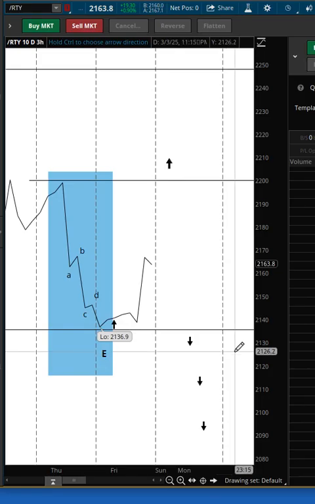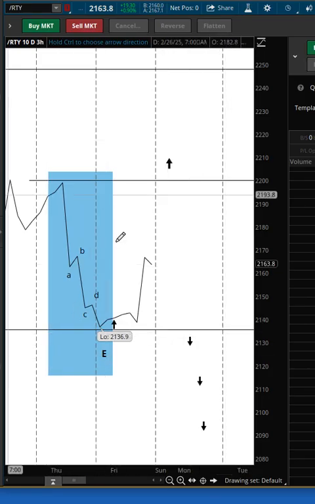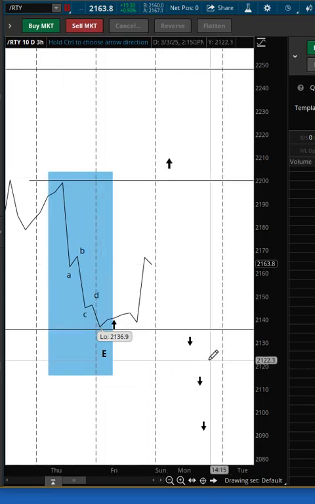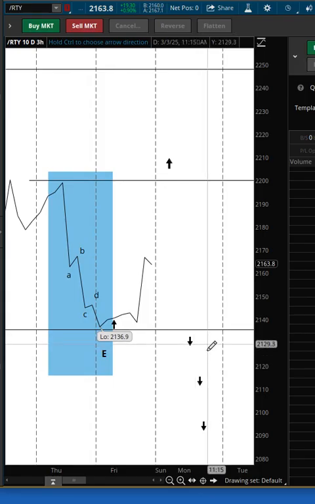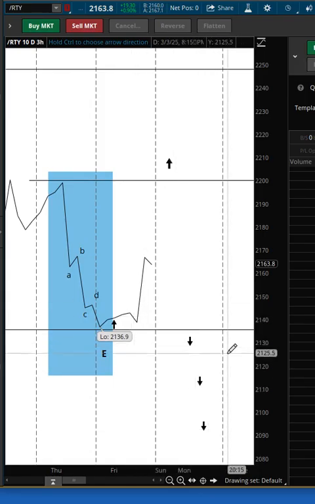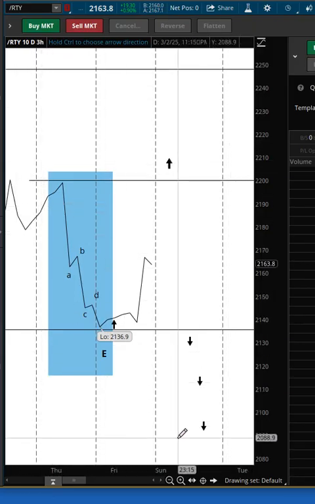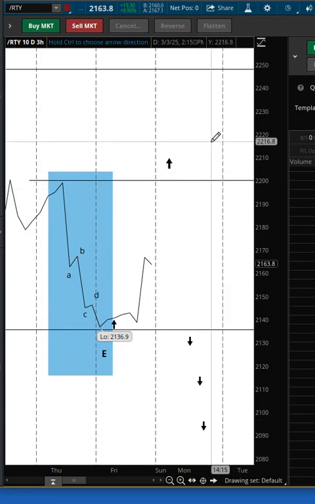Okay, so ideally here, this appeared on Friday. Ideally here, you would want this to break below here, okay, and then do a trade going down, okay. In the meantime, you do have to adjust your stop here, okay.